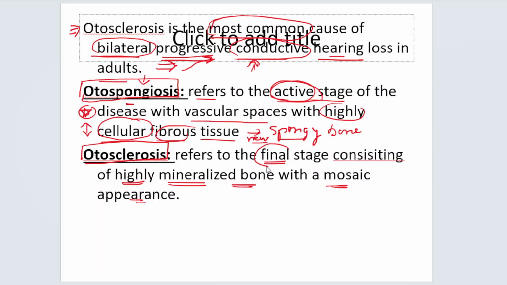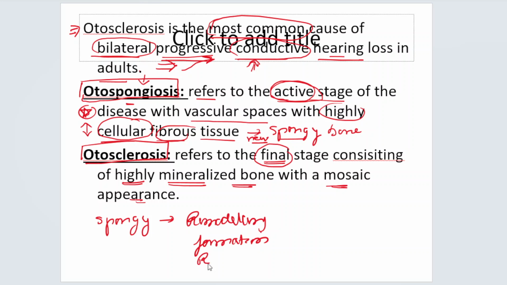Initially the spongy bone is forming, and there is remodeling. Remodeling means there is formation of bone and also resorption of bone. Finally, after many decades, you will have a highly mineralized dense bone, which you call otosclerosis.